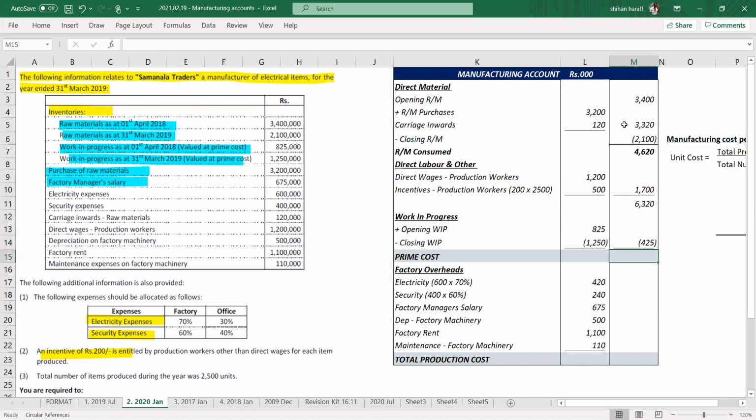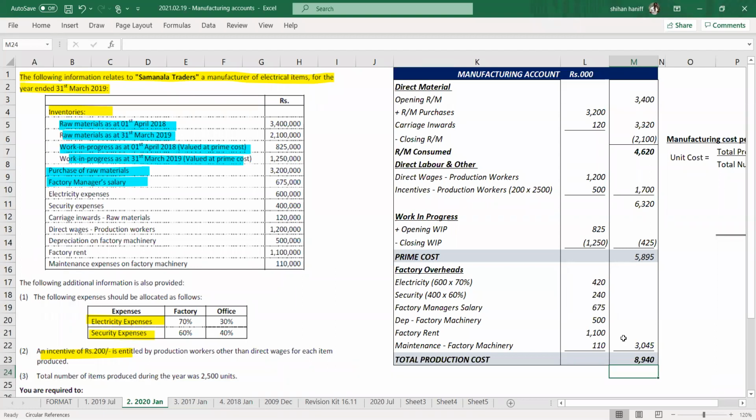Work in progress minus 425. 3045, 8,940, 8,940,000. That's the total production cost.